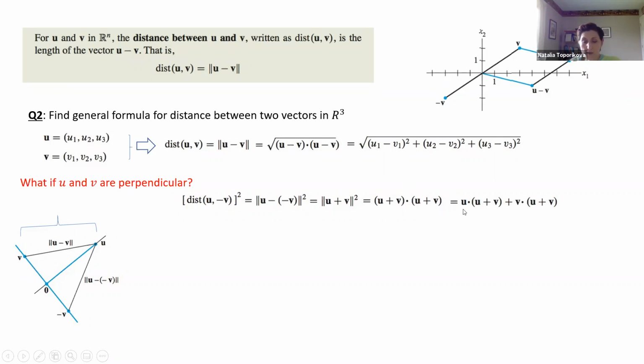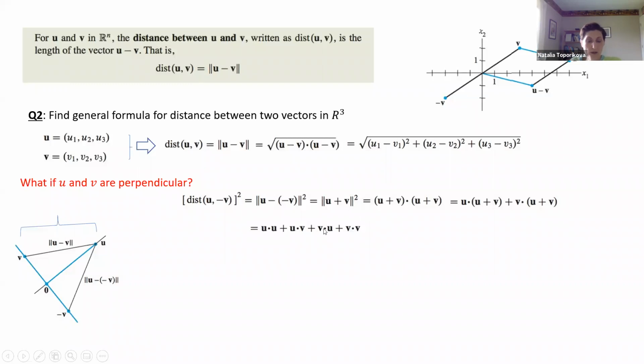We can expand it by factoring out the first sum of vectors and multiplying everything, ending up with four vector dot products. Notice that there are a couple of them in the middle which are very similar.